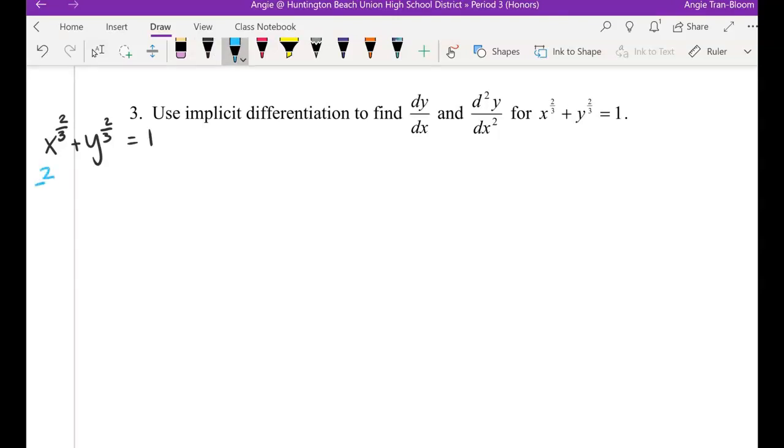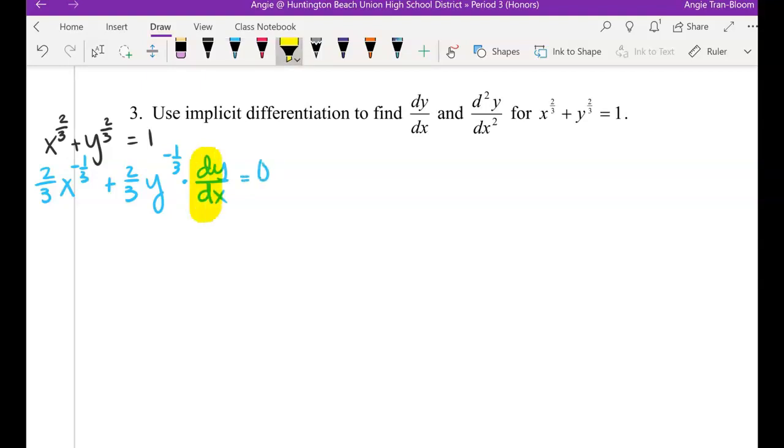The power rule says I'm going to drop down the power times x to the negative 1/3, then plus 2/3, drop down the power, positive 2/3, times y to the negative 1/3. Now, because I am doing the derivative with respect to x, I need to multiply by y prime, or dy over dx. The derivative of 1 is always 0.